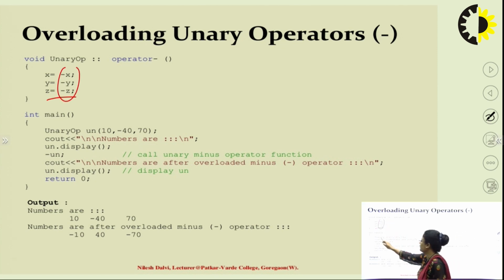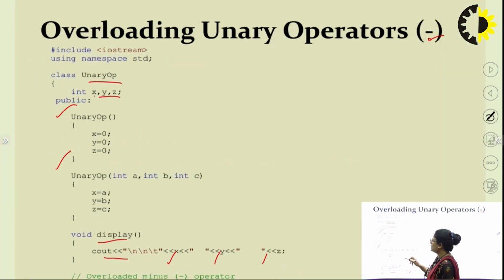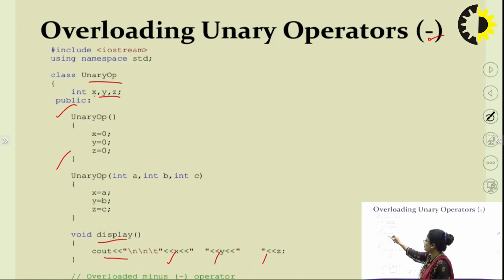If you look at the main function, we are creating an object un, and in that object we are passing 3 values, 10, minus 40, and 70. So basically constructors will be used. Which constructor? Out of the first and the second constructor, the first constructor will be called if you are not passing arguments; in that case the member data will be initialized to 0.